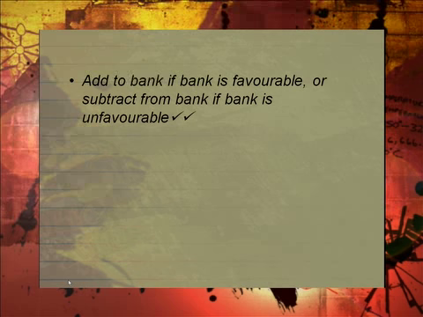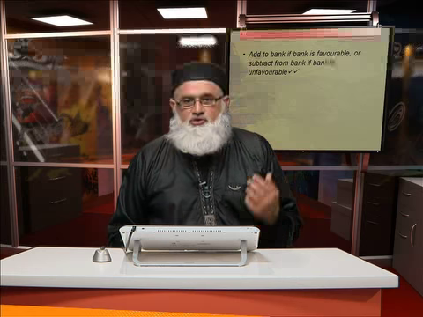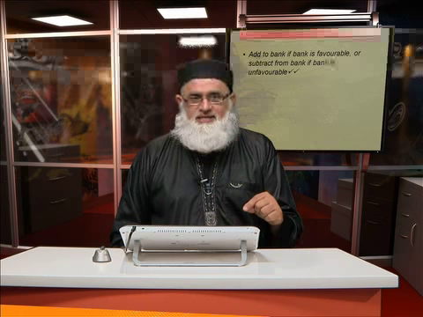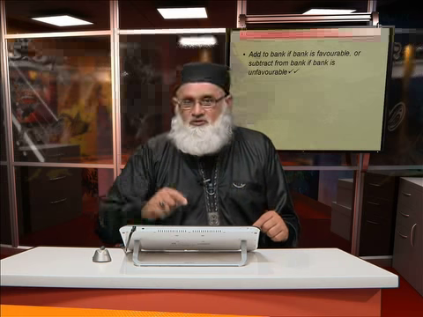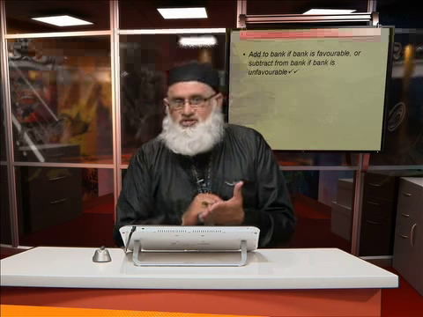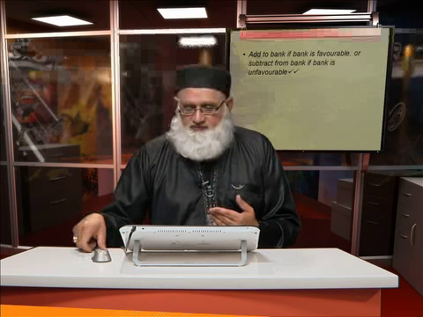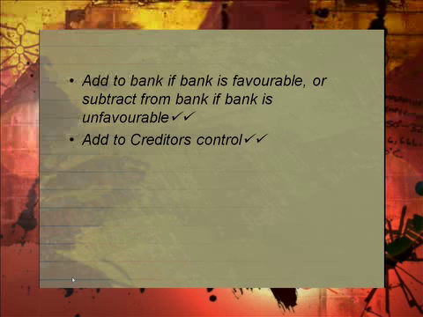So in other words, what will we do? We will add it to bank if bank is favorable, or subtract it from bank if bank is unfavorable. In other words, you will debit your bank account because in reality, we have not paid out this money. Yes, we've written out a check, but it's post-dated and this person cannot cash this check. And we will also add it to our creditors' control. Why is that?